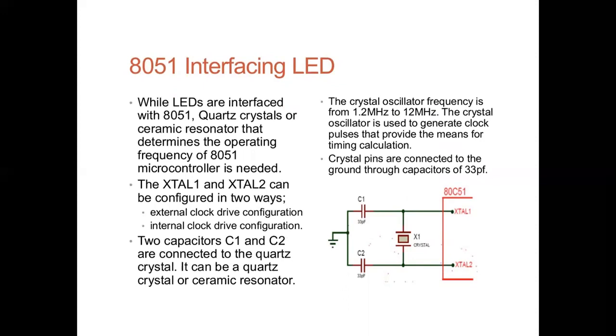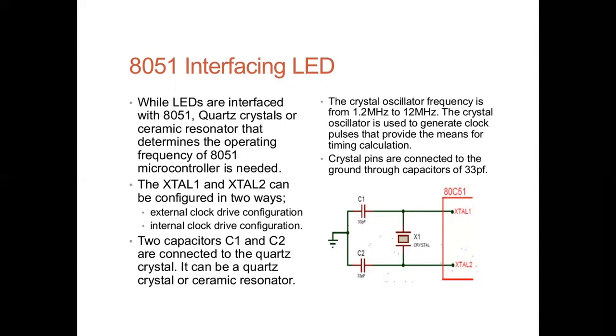While LEDs are interfaced with the 8051, a quartz crystal or ceramic resonator that determines the operating frequency of the 8051 microcontroller is needed. XTAL1 and XTAL2 can be configured in two ways: external clock drive configuration and internal clock drive configuration.